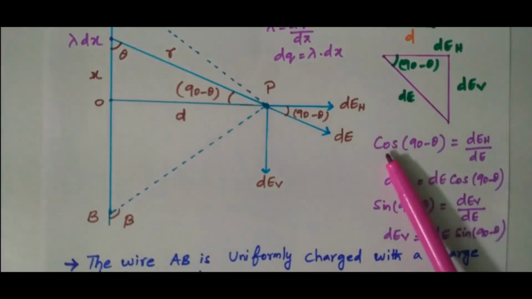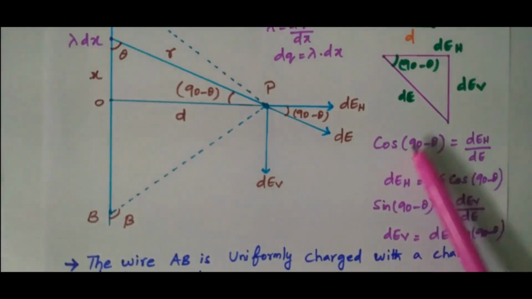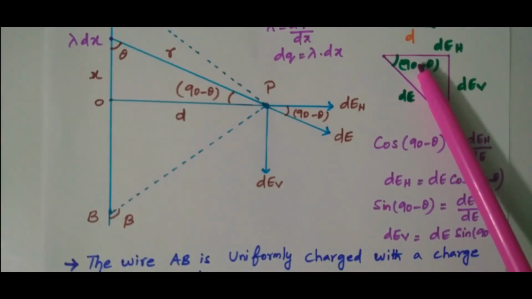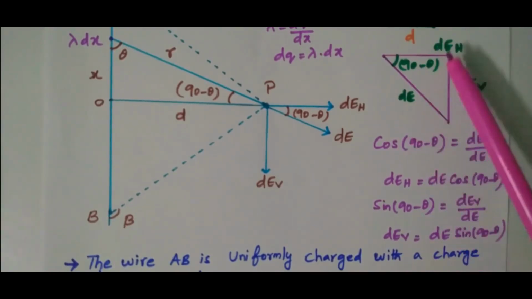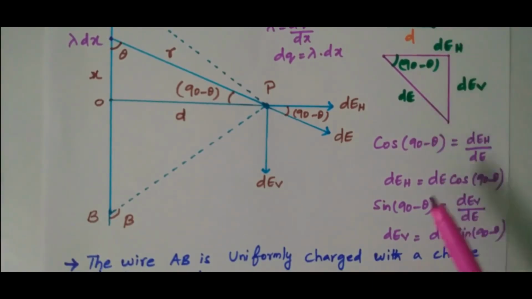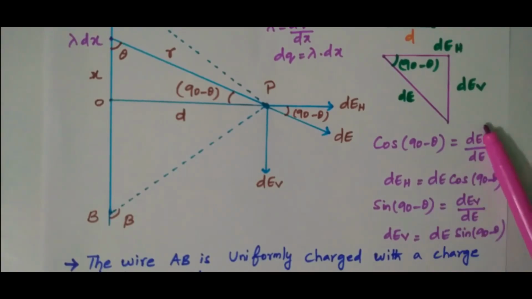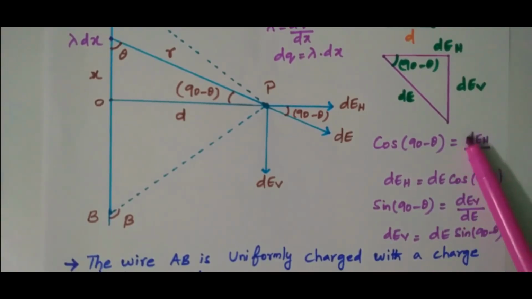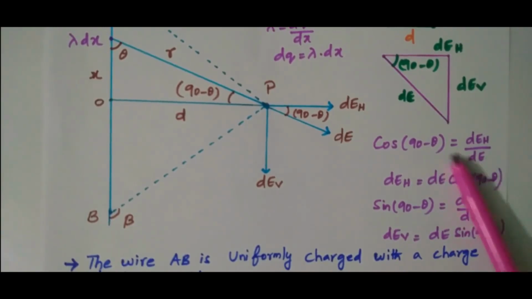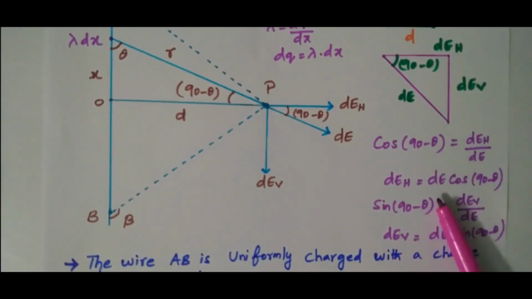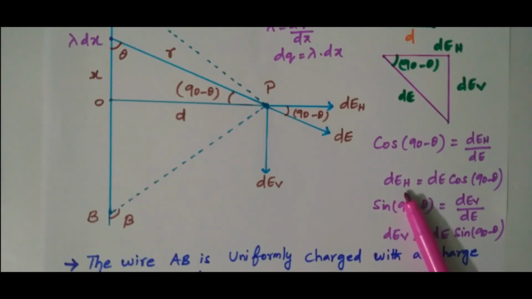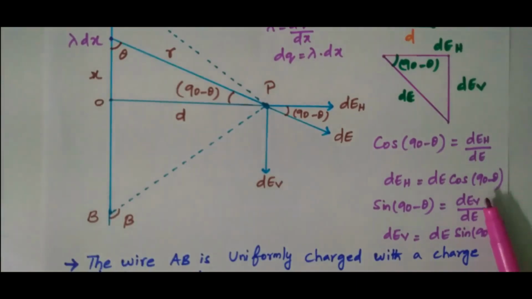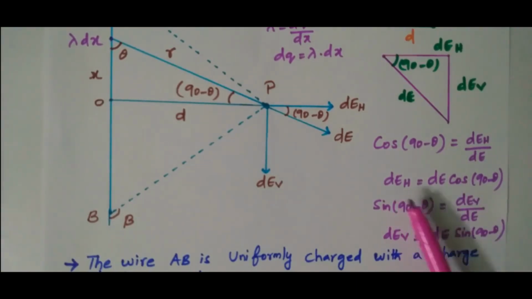Cos of 90 minus theta means adjacent side by hypotenuse. Adjacent side is dEH, hypotenuse is dE. You cross multiply this, so that dEH equals dE cos of 90 minus theta. So you can simply remember: horizontal component equals total component multiplied by cos of the angle, and we can use that anywhere.